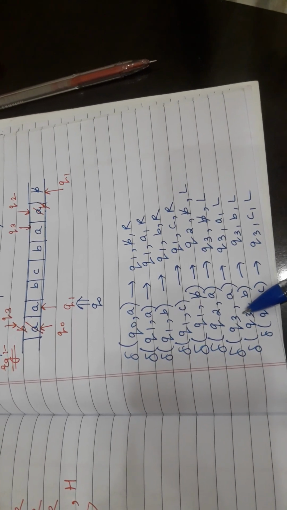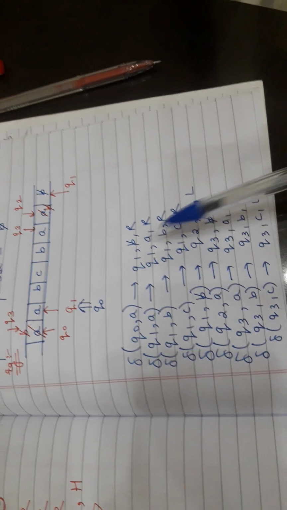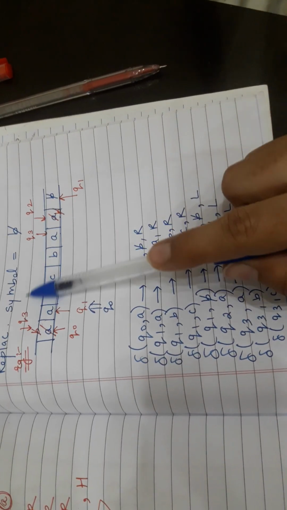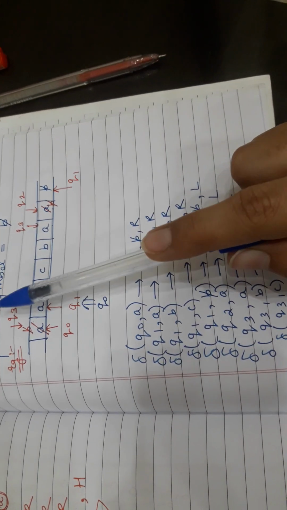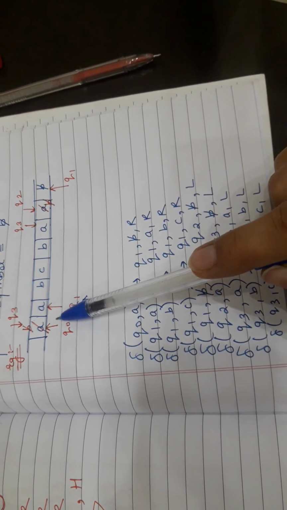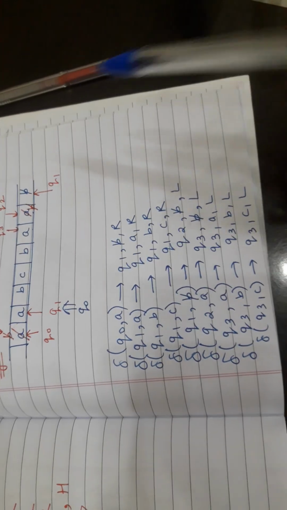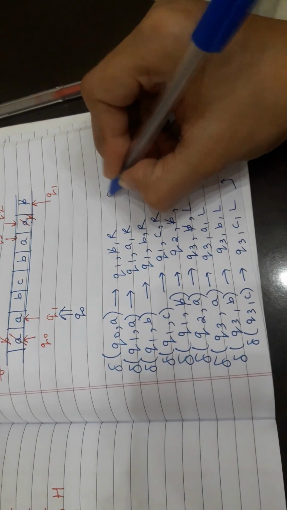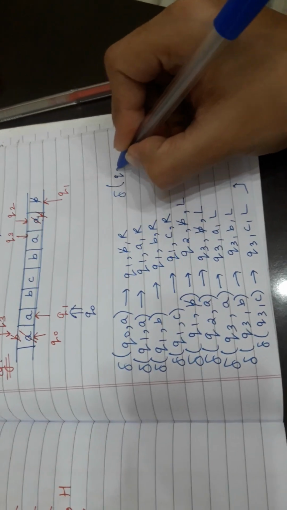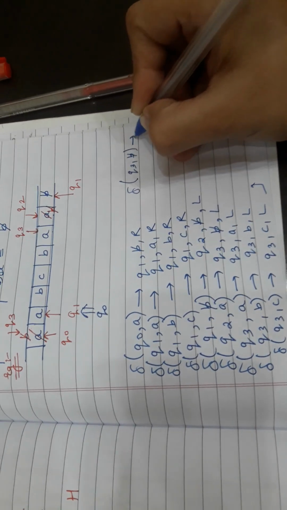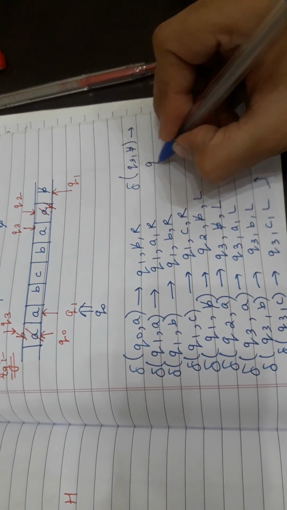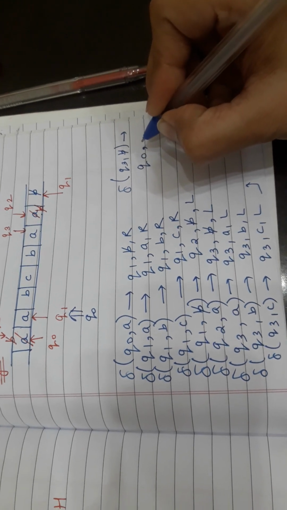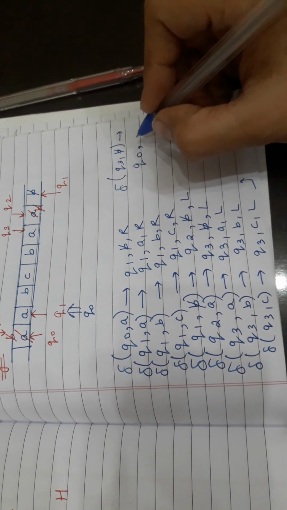Q2 can only receive A, make that blank, move ahead in the left direction. Again if Q3 receives A, B or C, whatever it receives in its journey backward, all has to be skipped. And now if Q3 receives a blank, change the state to Q0. So that I'll have to write. So after this, if Q3 receives a blank, we'll simply change the state to Q0 because we are trying to create a loop here.